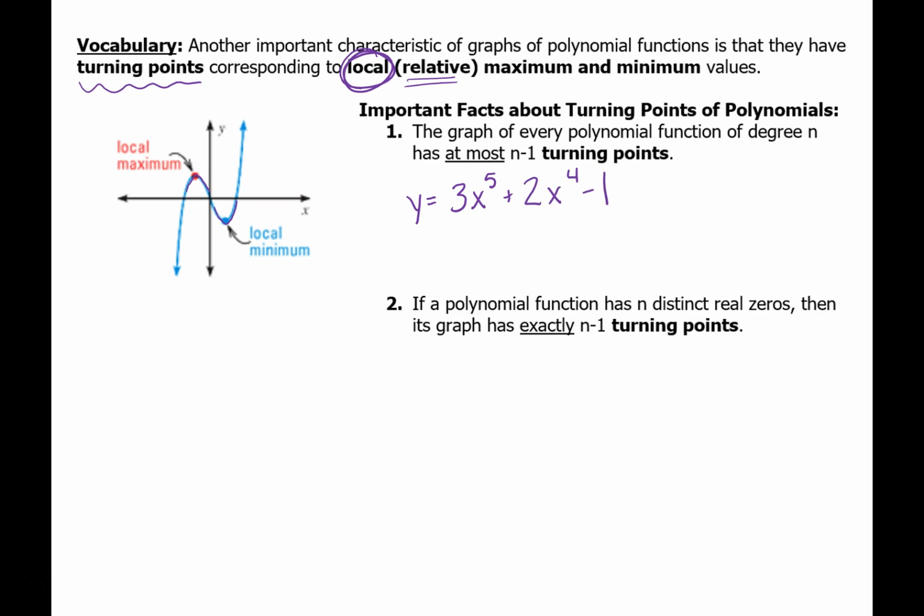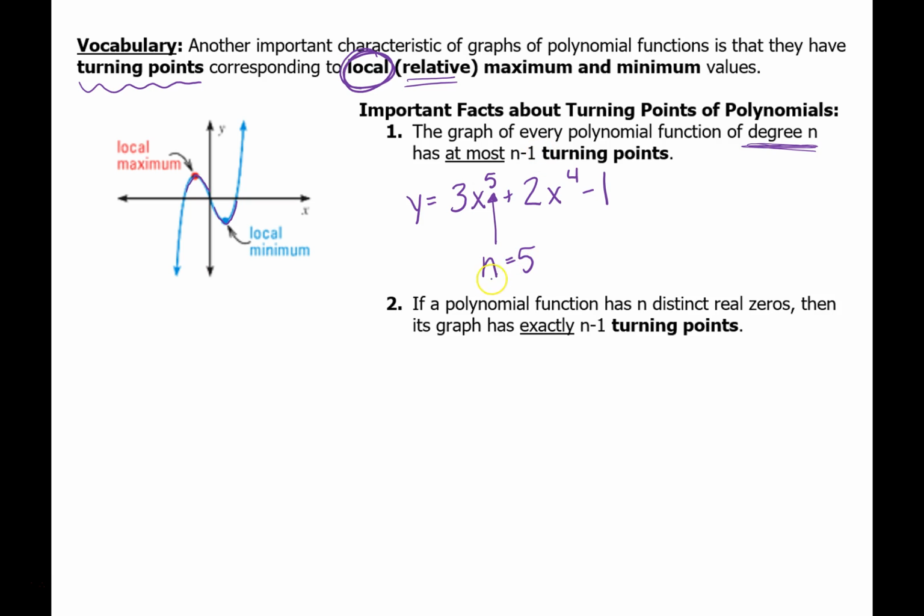Let's imagine this guy for a second. So what is the degree of this polynomial that I just made up? The degree is the largest exponent, which means that the degree is 5. So if n is equal to 5, it has at most n minus 1 turning points.